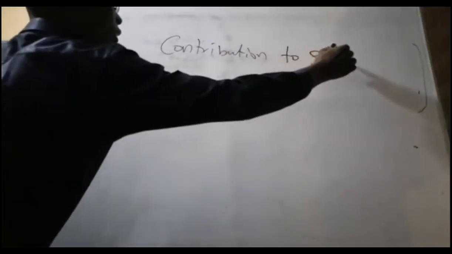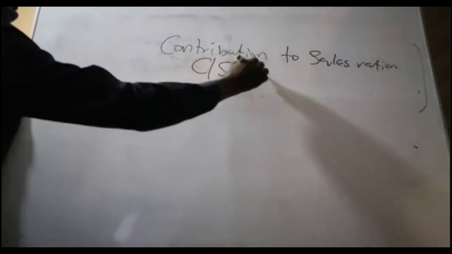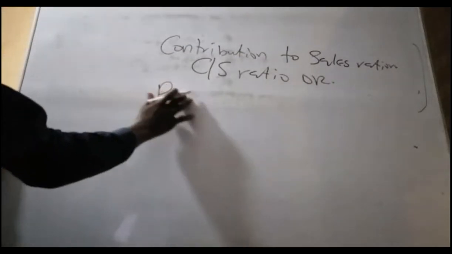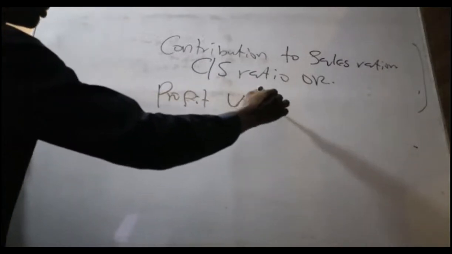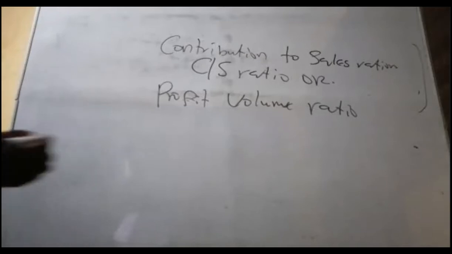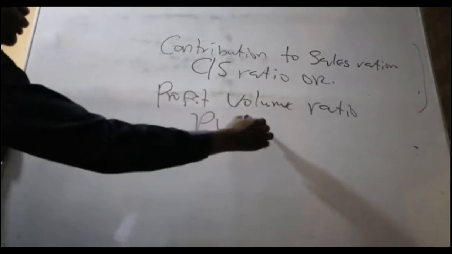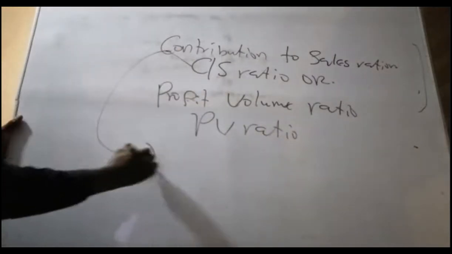That is the CS ratio, or we also call it profit volume ratio. What will be the shortcut? PV ratio. Yeah, the same thing.